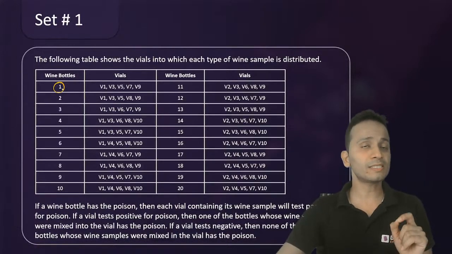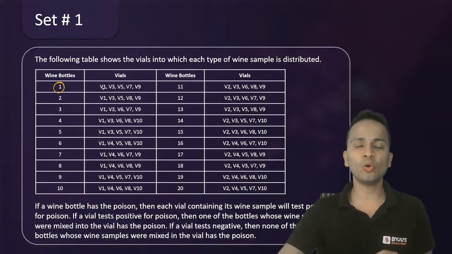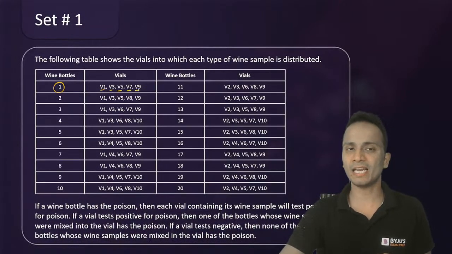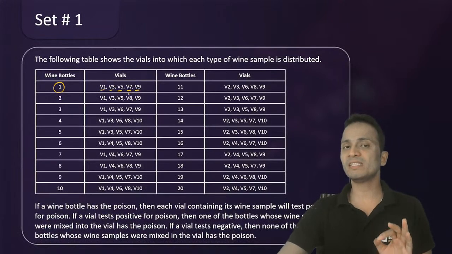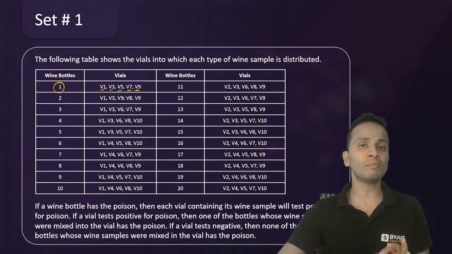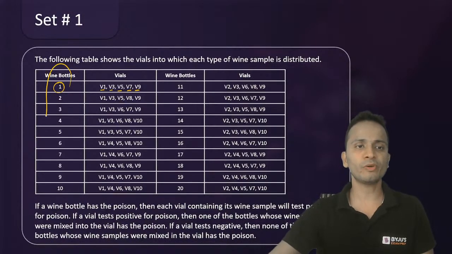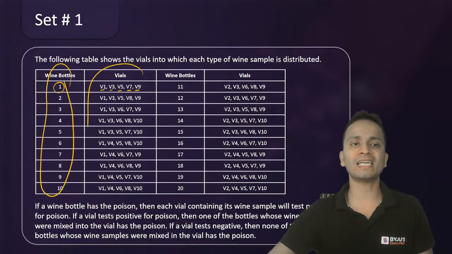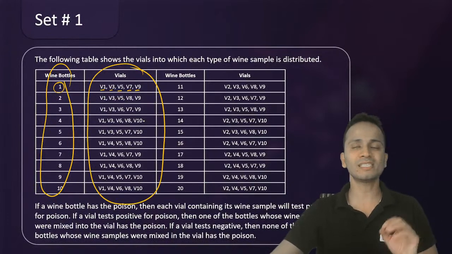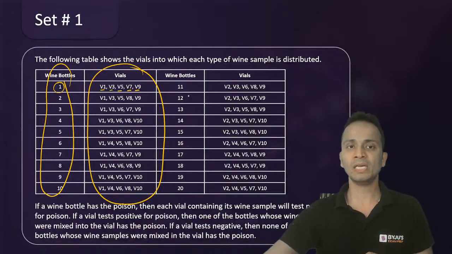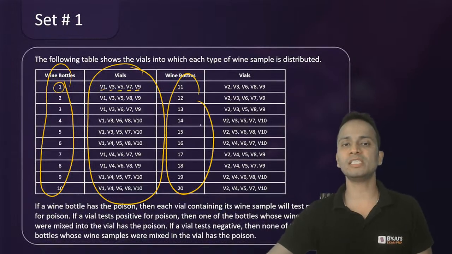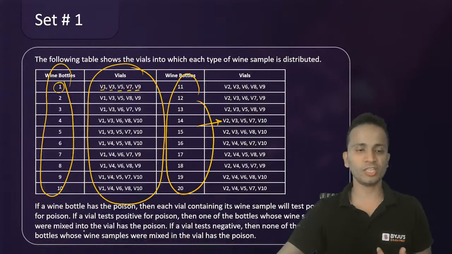Wine bottle 1, this wine will go in vial 1, vial 3, 5, 7, and 9. Total number of vials is 10 and total number of wine bottles is 20. Okay, so here you can see wine bottles and these are the vials into which these samples will be there. Similarly, for the next 10 bottles, these are the vials into which they will go.